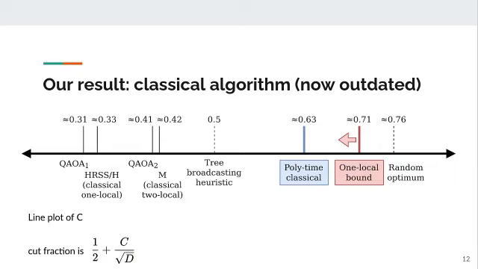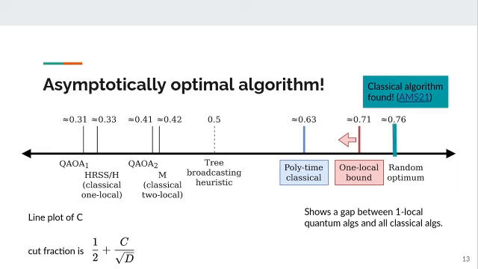It's not super important anymore because as of November, Andrea Montanari and collaborators found a classical algorithm that's asymptotically optimal. So there is a gap between these one local algorithms, quantum or classical, and the classical algorithm, which gets optimal, at least asymptotically. And this shows that at least for max cut on random graphs, that yellow line in that figure will never cross the black line.